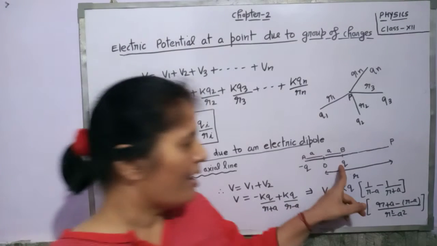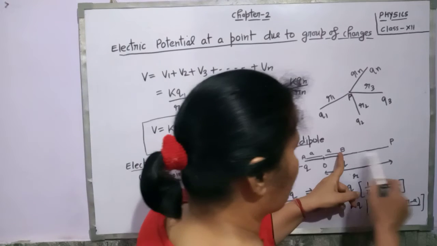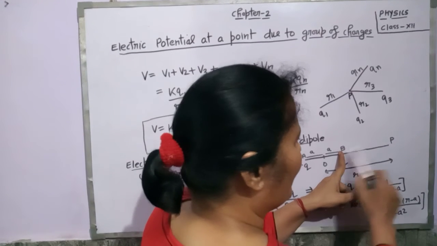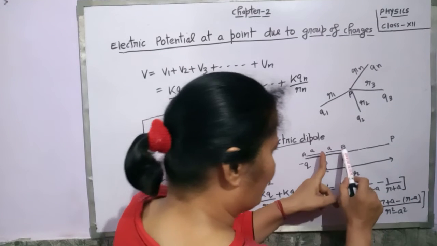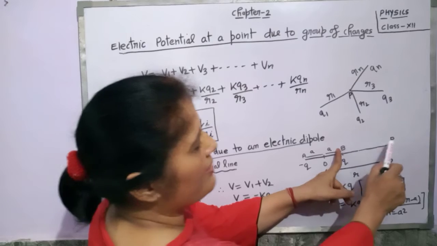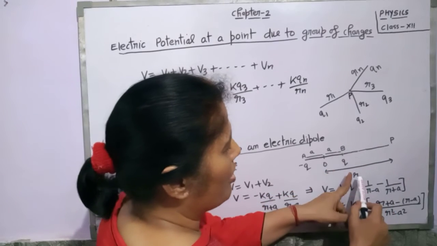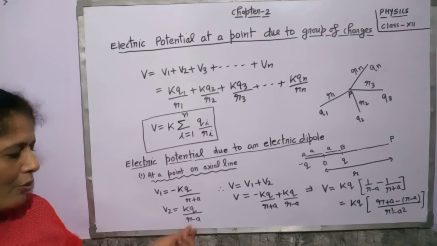Now for this charge, which is a positive charge, the distance from this charge is BP. BP can be obtained by subtracting a from r. That means the distance BP is equal to r minus a. Then V2 becomes equal to kQ upon r minus a.